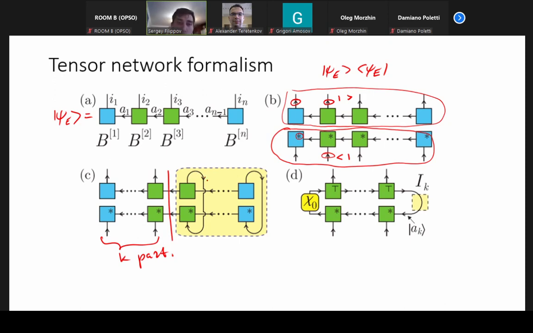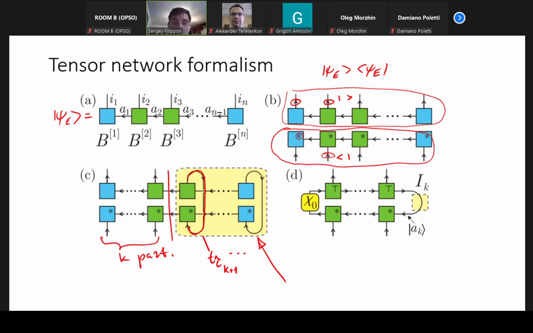So we just merge legs of the tensors. So that operation corresponds to the partial trace of the particle k plus 1 and so on. And you see that this diagram is quite lengthy and can be also difficult to calculate in general.